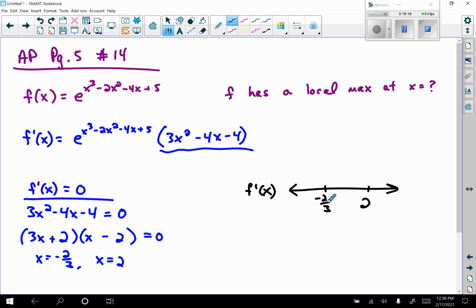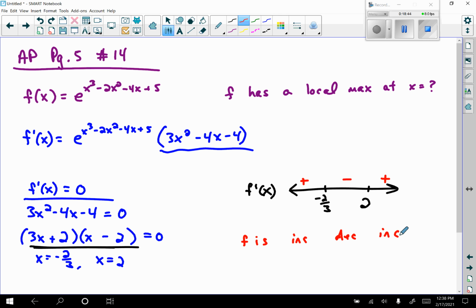And I'm going to substitute these back into the factored form here. So let's say we tested a negative 1. Over here, this would be negative and negative, so we're going to get positive here. Let's say we test 0, we'll get a negative, and say we test a 3, we'll get a positive. So we would say f is increasing, decreasing, and then increasing.